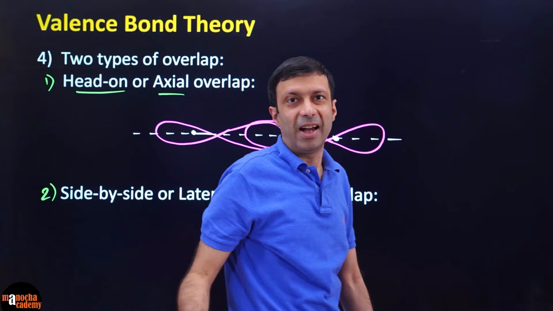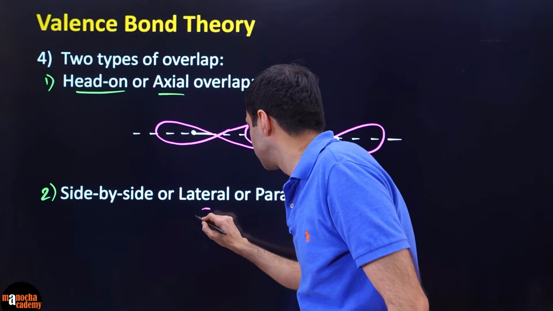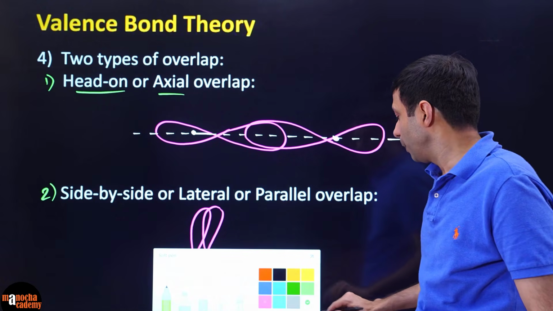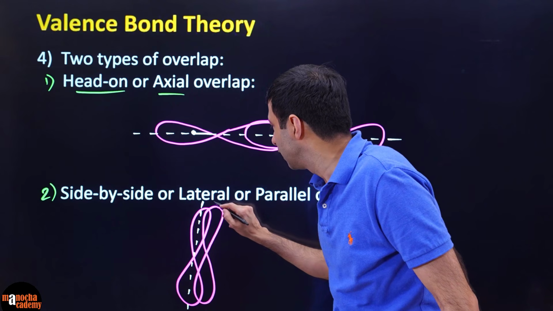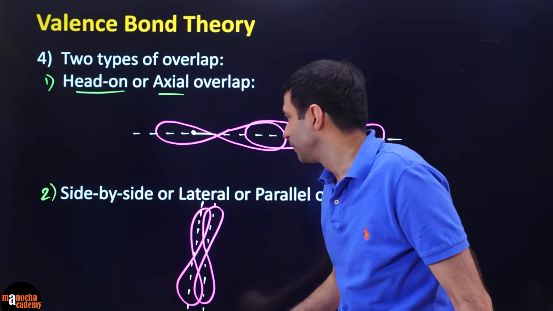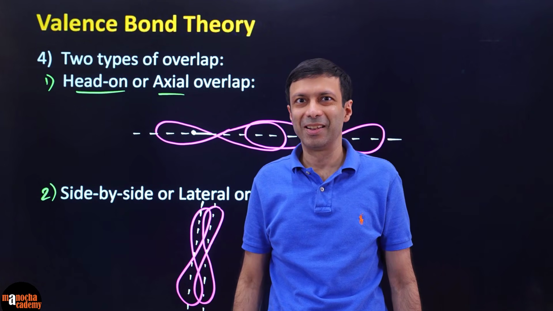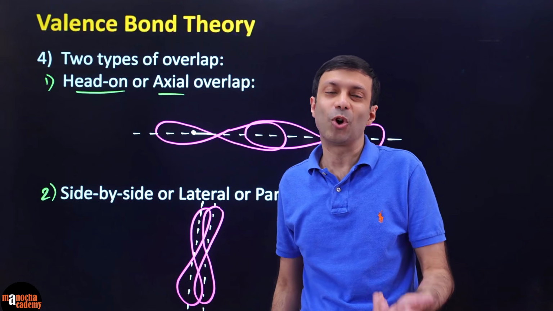Clear? And when the two p orbitals are like this, then we can say this is a side-by-side, lateral or parallel overlap. Here you can see the two axes of these orbitals are parallel to each other, right? So that is why it is called the parallel or side-by-side overlap. Clear? And once again, here I have represented these dumbbell p-shaped orbitals for you.